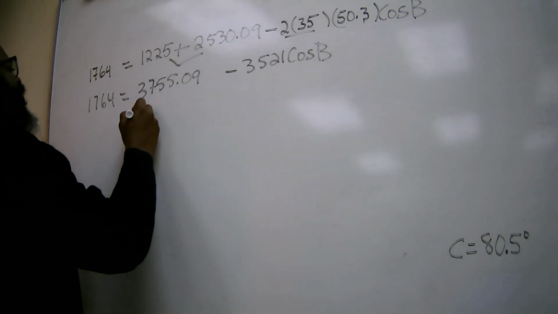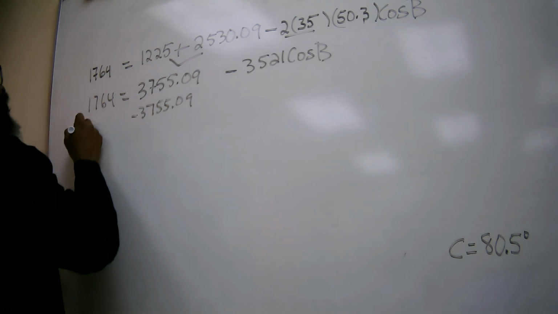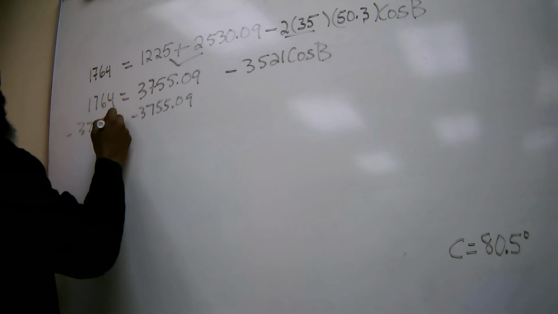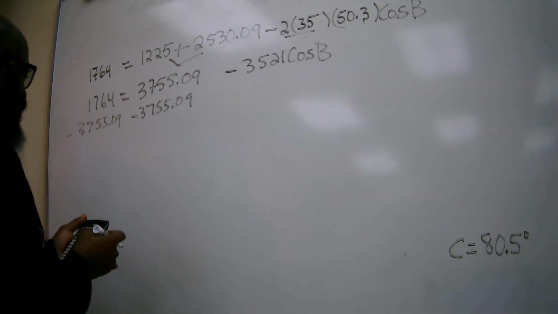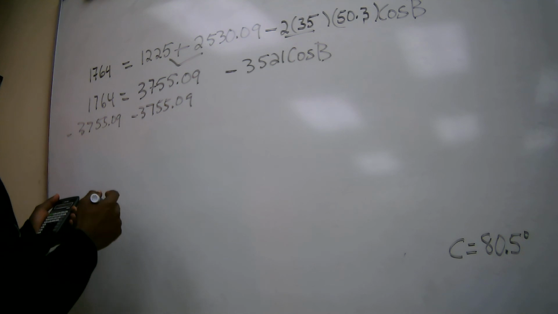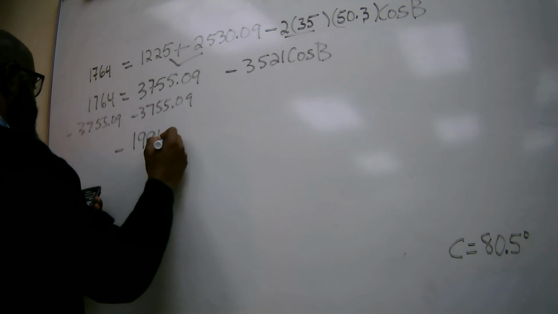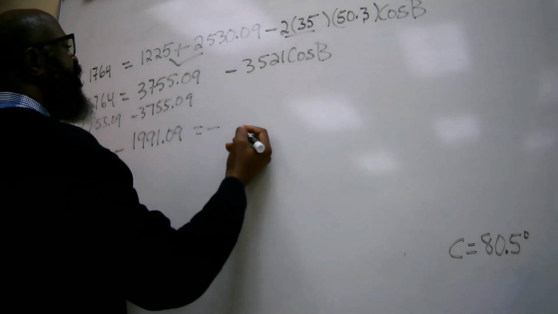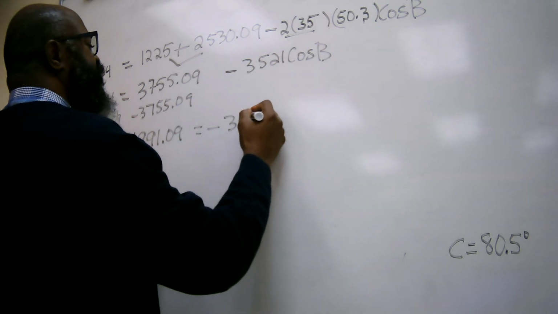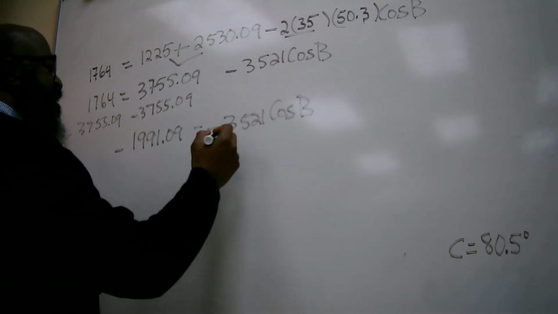Then I'm going to subtract 3,755.09 from each side of the equation. 1764 minus 3,755.09, and I get negative 1,991.09 equal to negative 3,521 cos B. I am going to divide both sides by negative 3,521.